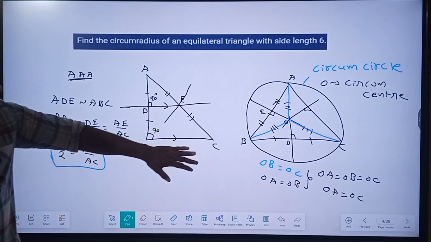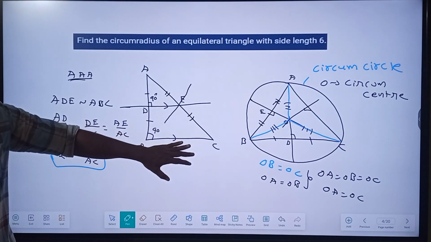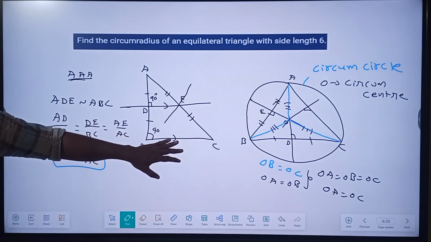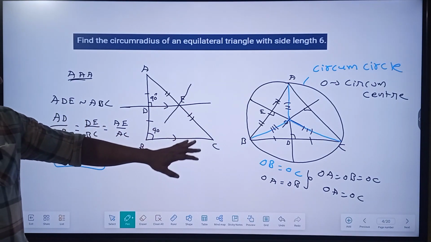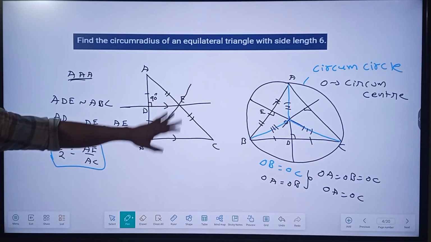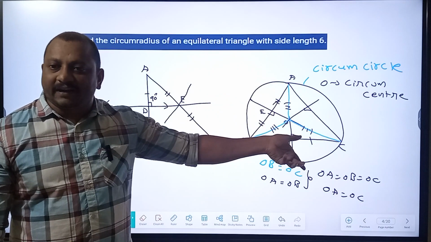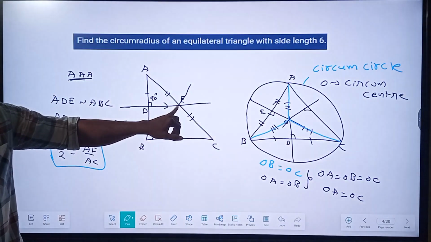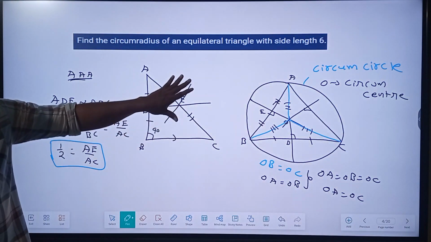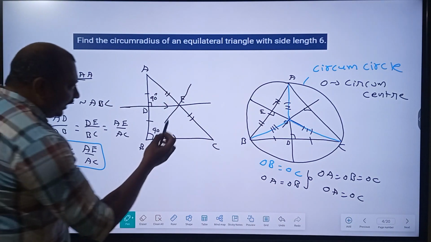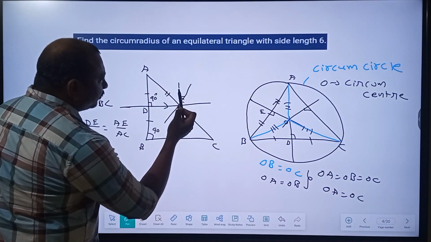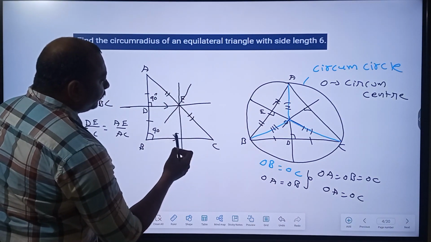Then what about the perpendicular bisector of BC? It must pass through the midpoint of BC. Or through E. Why E? Perpendicular bisectors are concurrent. Already we have one point of intersection of these two perpendicular bisectors, so definitely the third perpendicular bisector passes through the point E.